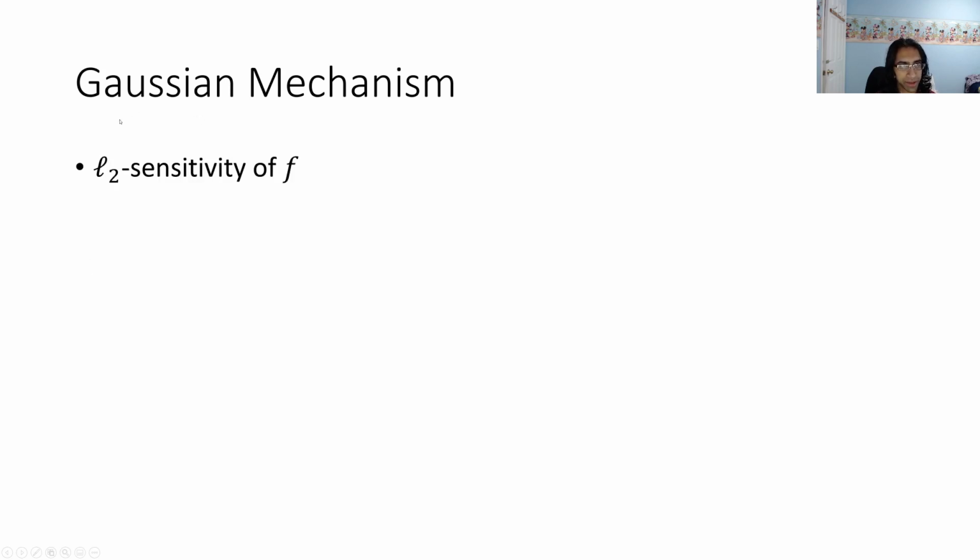So the Gaussian mechanism is a standard tool for privatizing any sort of statistic, and it's essentially just add Gaussian noise. But it's not quite that simple because it's a quantitative notion. We have to be a bit more precise as to what we mean. So first of all, what we need is to understand the sensitivity of a function. And this is the following definition.